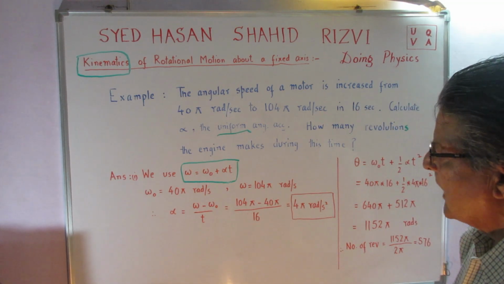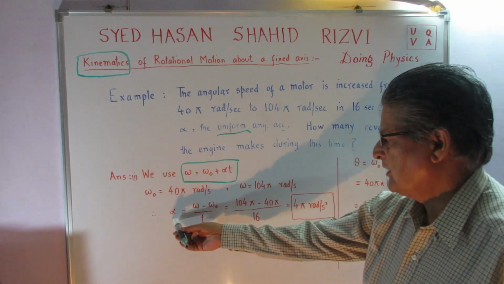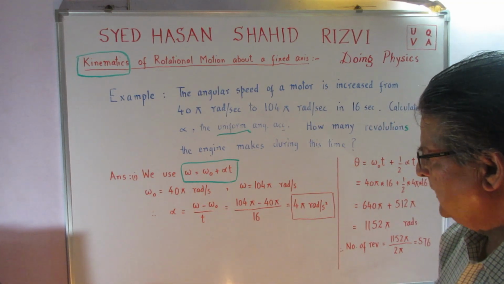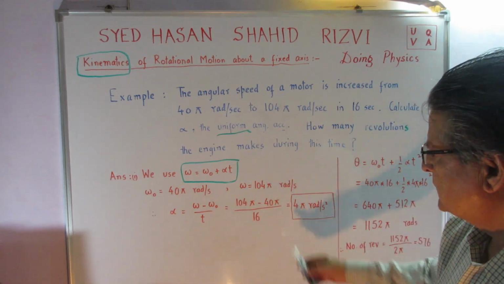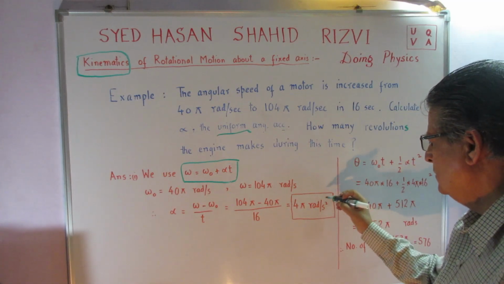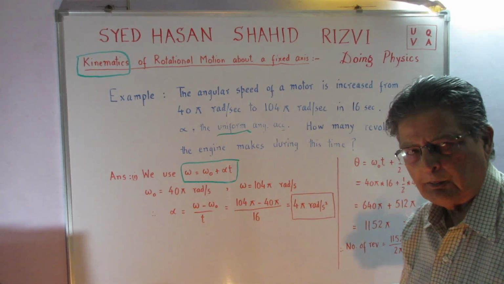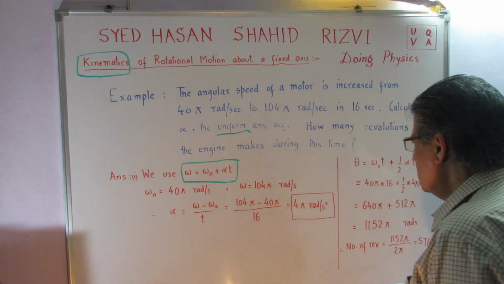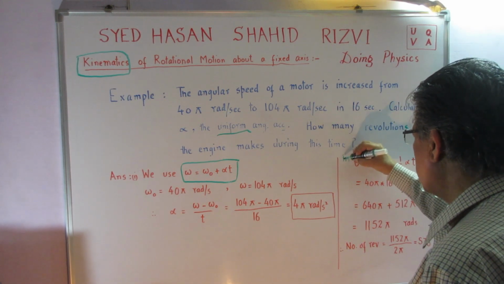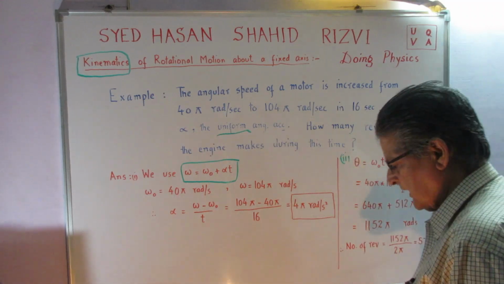So from this relation I can write alpha is equal to omega minus omega naught divided by the time interval t. So 104 pi minus 40 pi divided by 16, this turns out to be equal to 4 pi radians per second square.